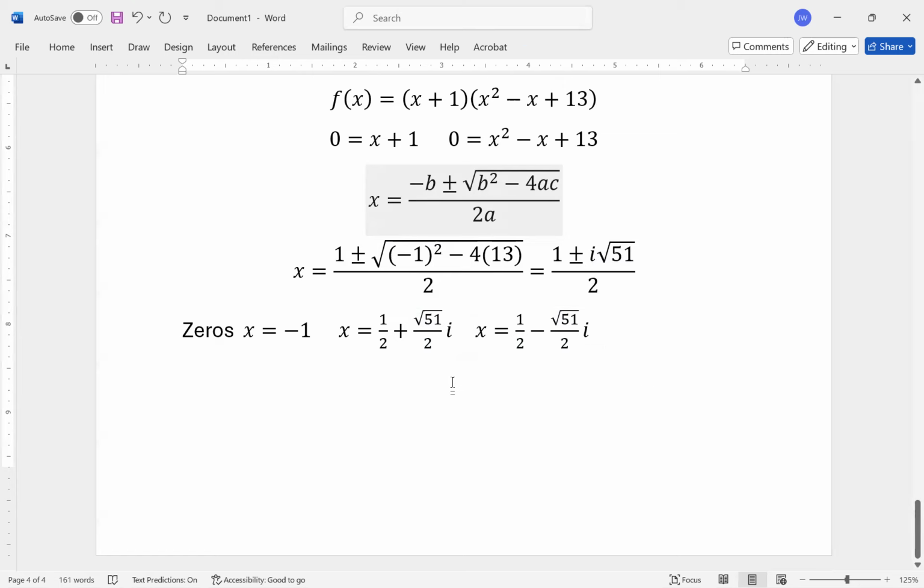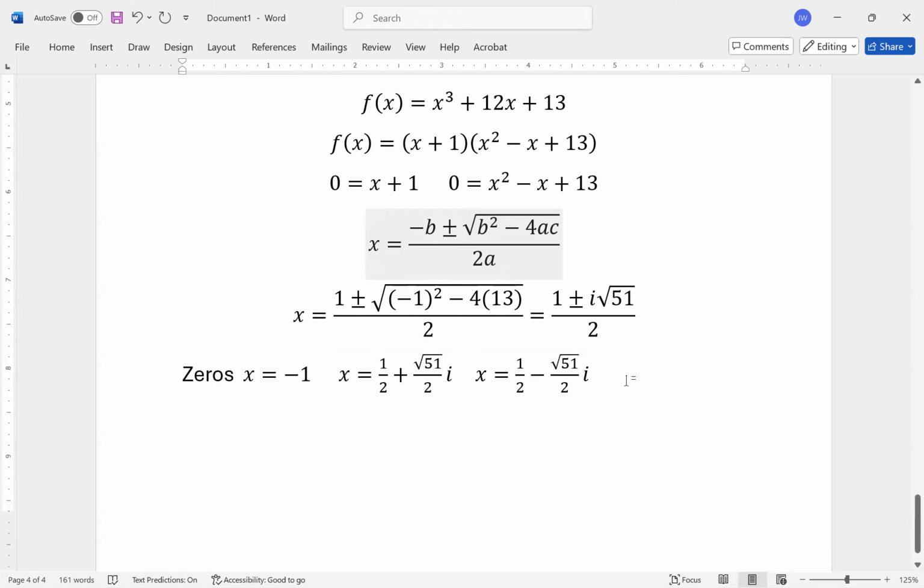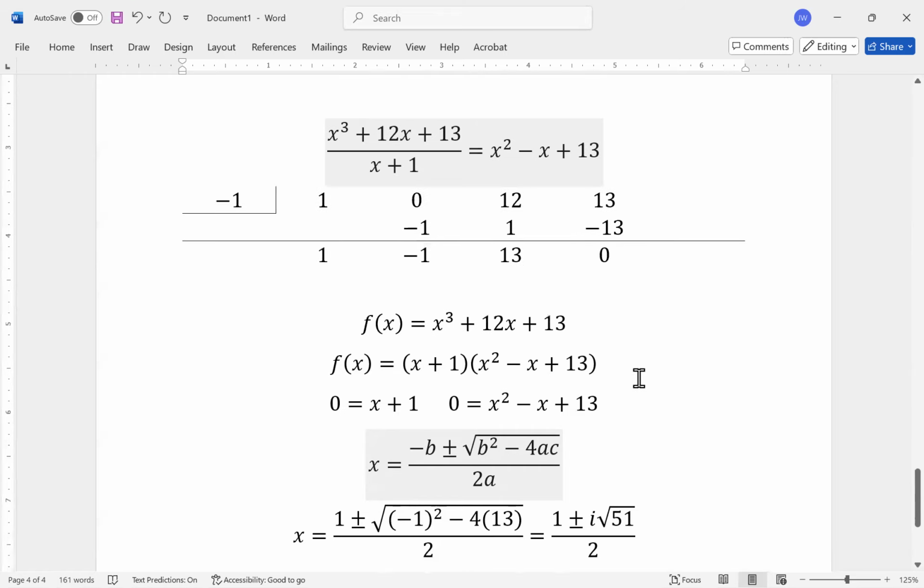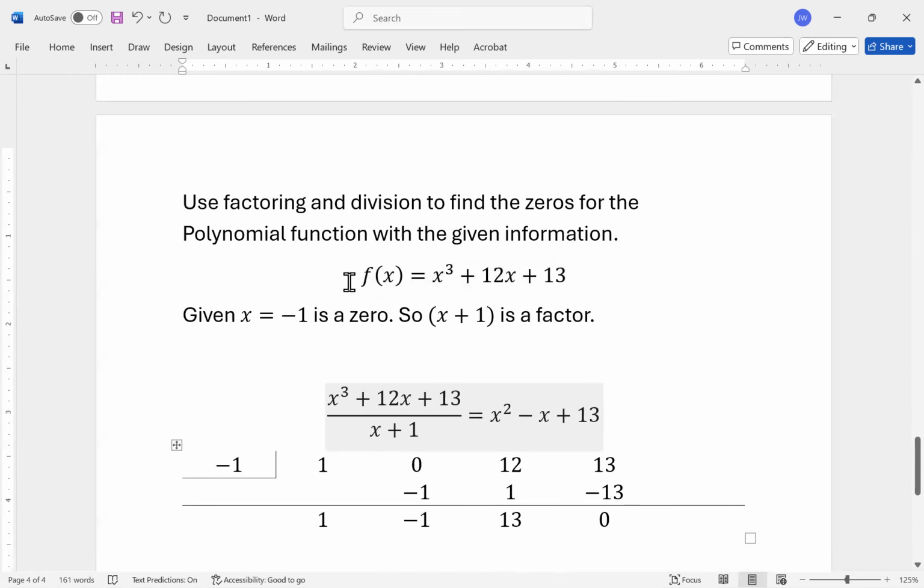Again, you can see that since our function started with real number coefficients, our complex roots occurred in conjugate pairs. So there we go. That's how we can find zeros of these polynomial functions if I'm given some piece of information.